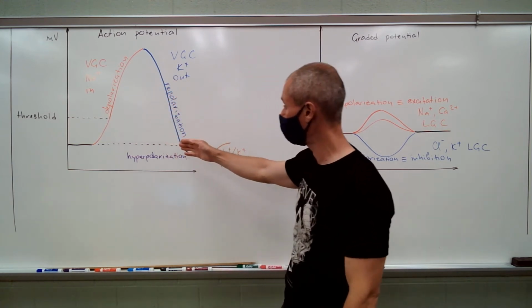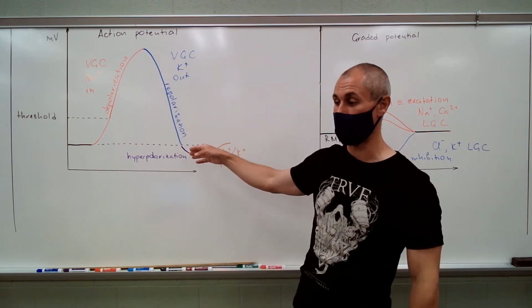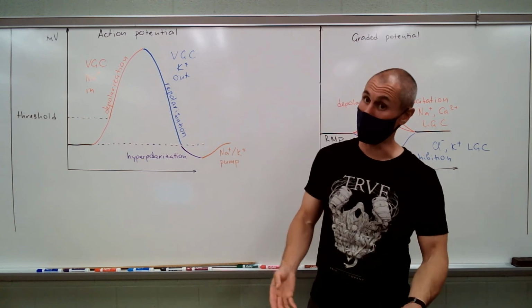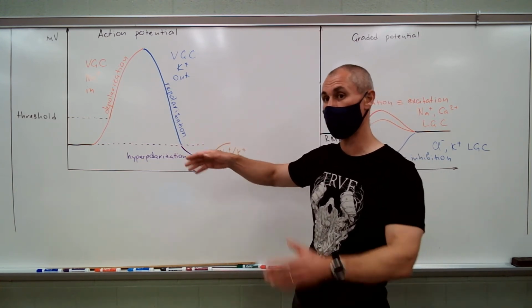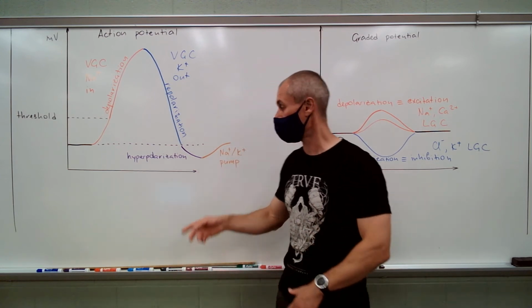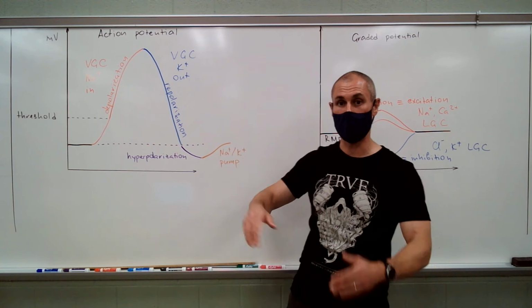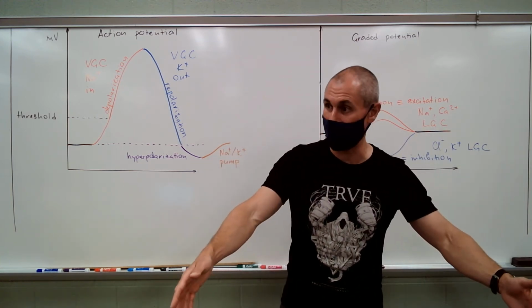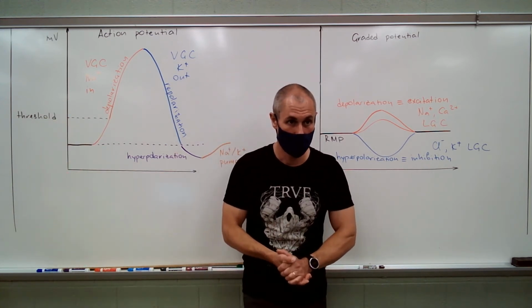It should stop diffusing at the resting membrane potential, but it doesn't, because the potassium channels are slow. So the cell goes into hyperpolarization. Eventually they close right here, and the sodium-potassium pump restores the ionic concentrations, and that particular part of the axon is ready for another wave. Got it?